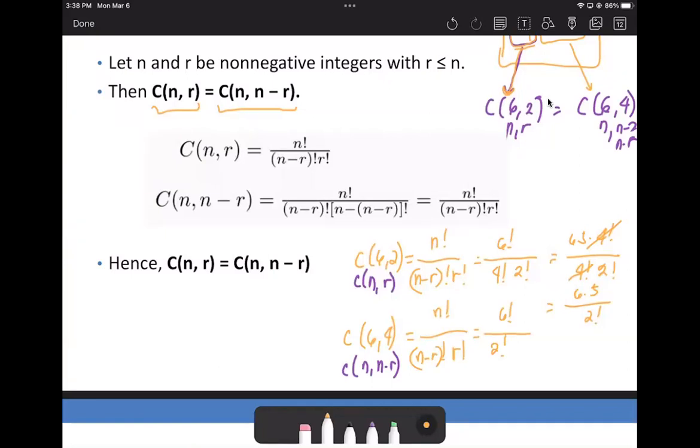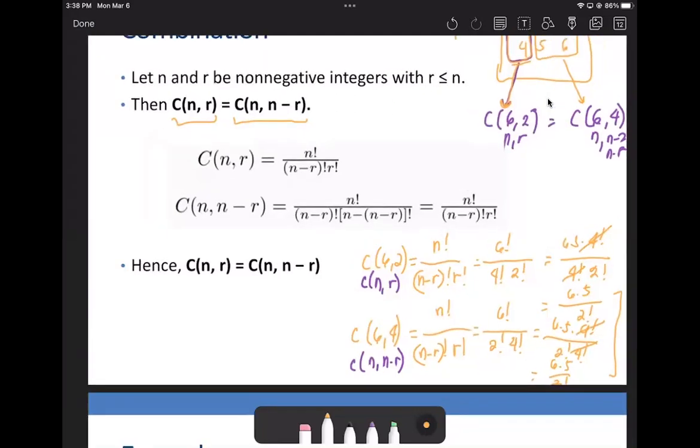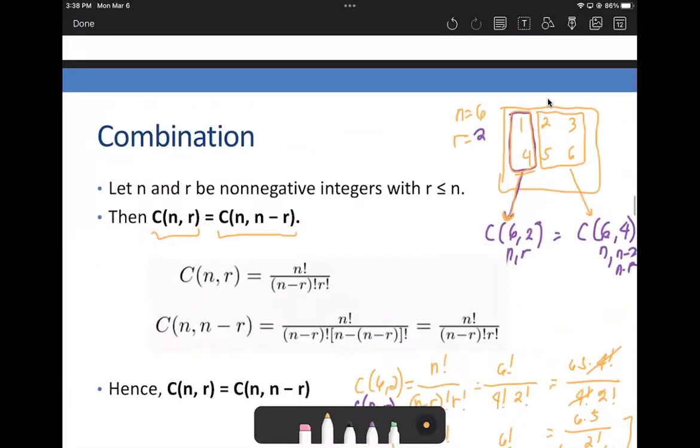And the r factorial is 4, so 4 factorial. So nag-interchange lang siya. So this will also be equal to 6 times 5 times 4 factorial over 2 factorial times 4 factorial. So cancel this out. So we will be left with 6 times 5 over 2 factorial. So basically, the same ang results nila. Okay? Same yung i-compute mo dito sa mga set na sinelect and sa pag-compute sa mga hindi na select. Right?